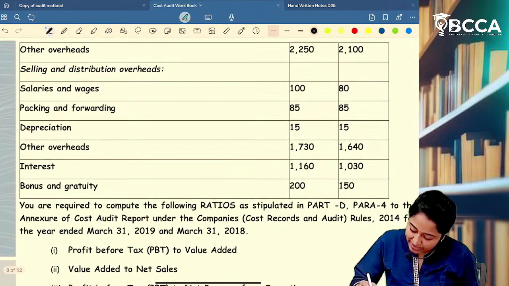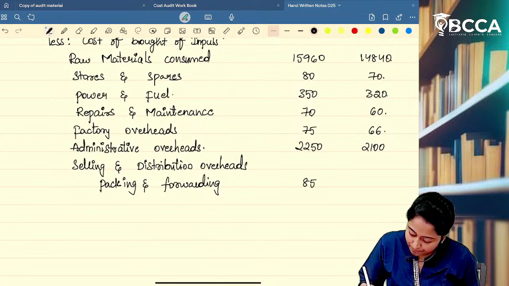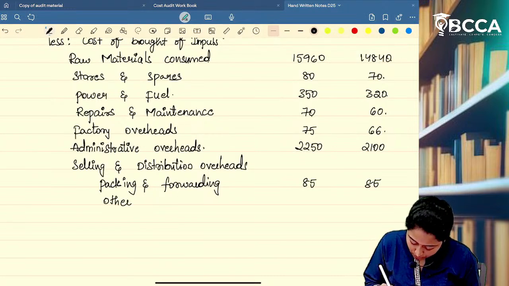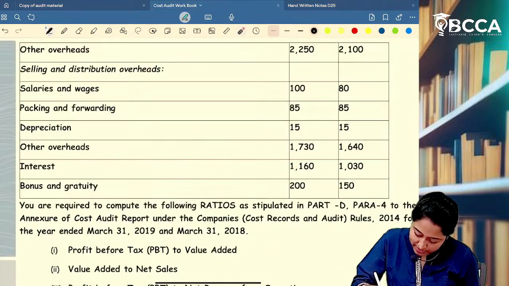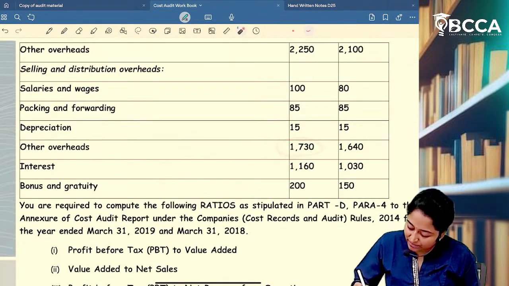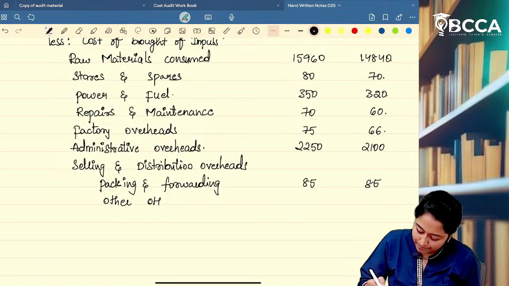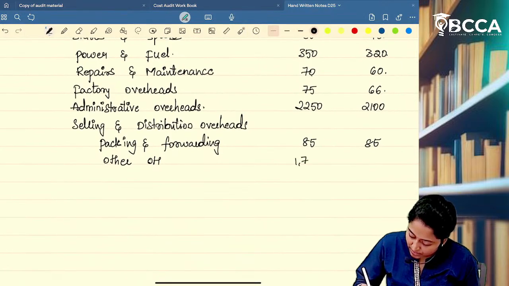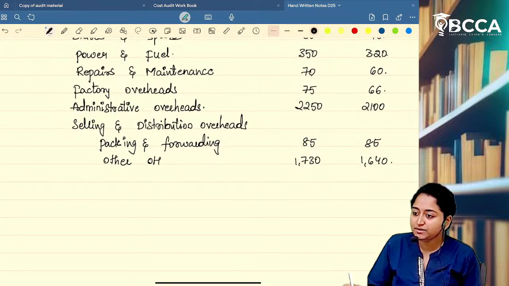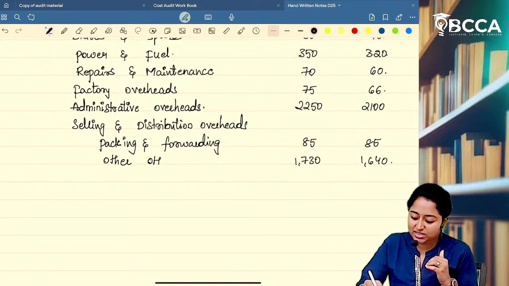Packing and forwarding is 85 and 85. Other overheads are 1,730 and 1,640. Clear? At last there is interest.